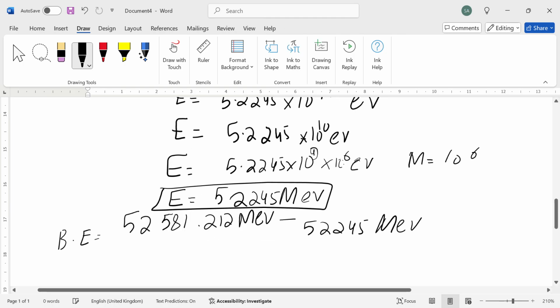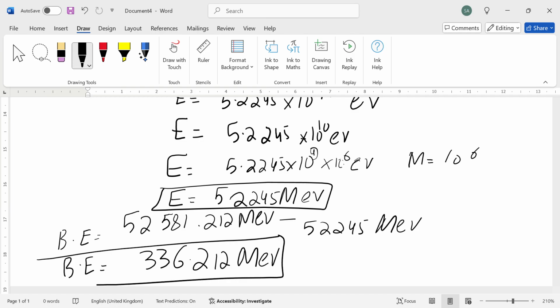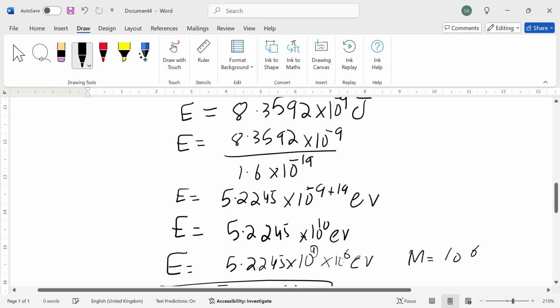If you subtract both of them, the answer would be 336.212 mega electron volts. So this is the answer.